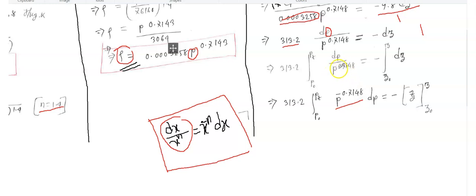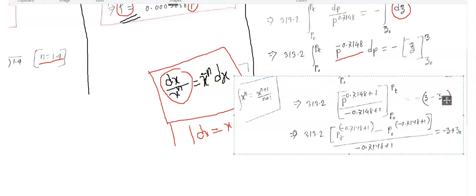So it was P to the power negative 0.7148 dP, and if we integrate dz, as you already know from last class, I will write here the integration of dx equals x. So the integral of dz equals z, from z naught to z. Now we need to do some calculations like what we did previously. So this P to the power negative n dP is of the same kind as x and dx.